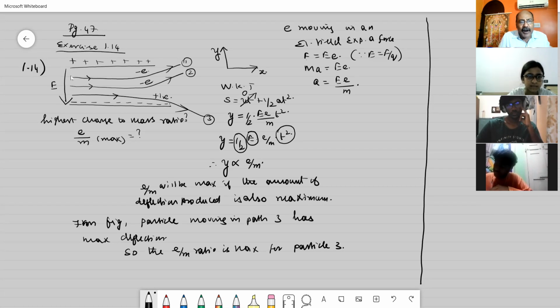Of the three paths inside the field, two are deflected towards the positive plate, so those two charges are negative in nature. In the third path the particle is deflected towards the negatively charged plate, so the particle in the third path should have a positive charge.